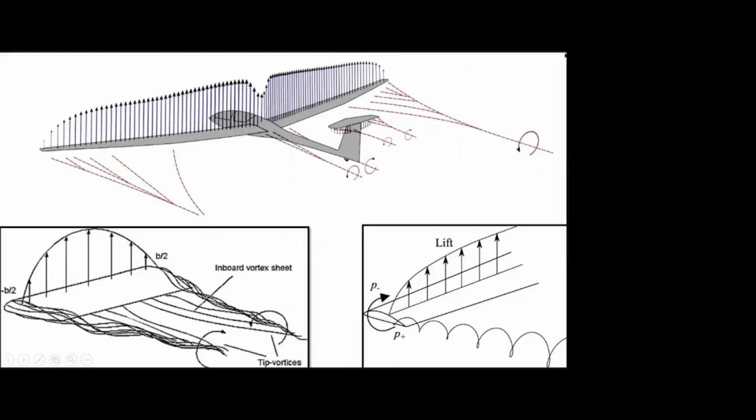Okay. So if you take flow over the wing, there will be a lift distribution, a side leakage flow, and wing tip vortices. These three phenomena we have to simulate using mathematical expressions in aerodynamics.